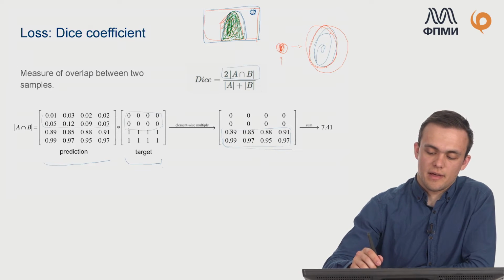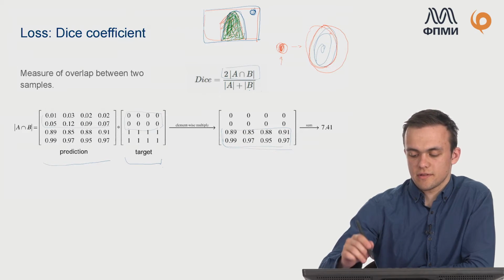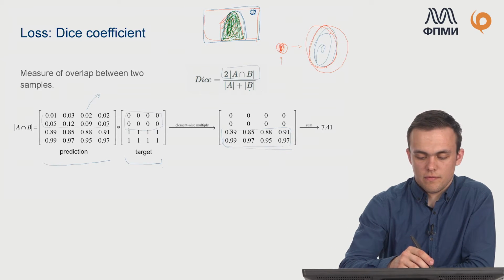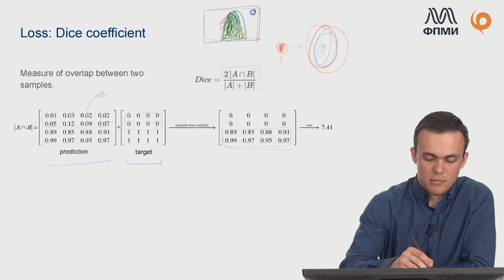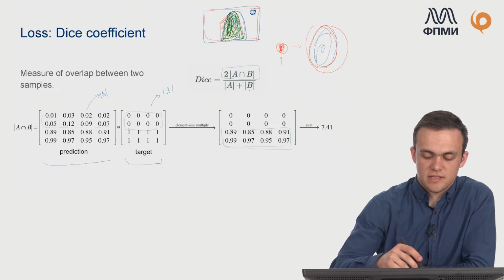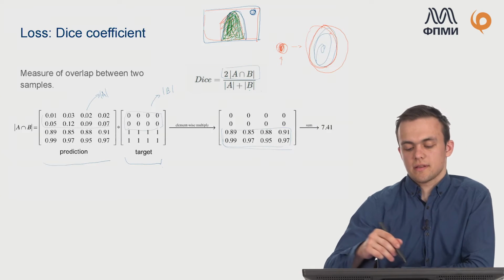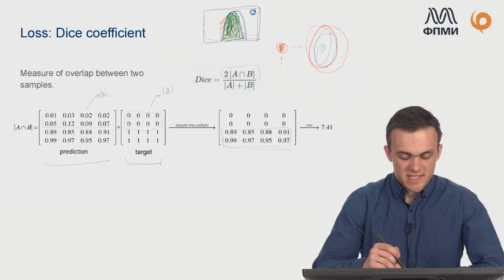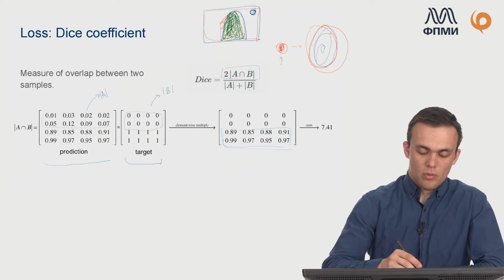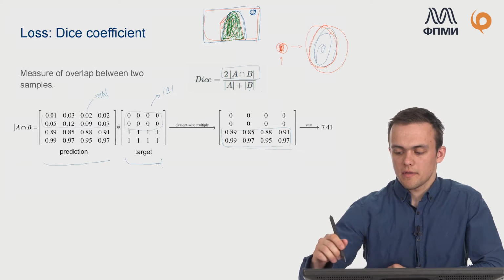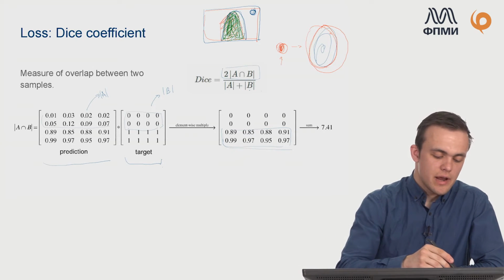And the sizes of these regions are just sums, this is like the norm of A, and this is the norm of B. They just sum over these matrices, over these predictions. Here we will just obtain the size, the count of pixels.